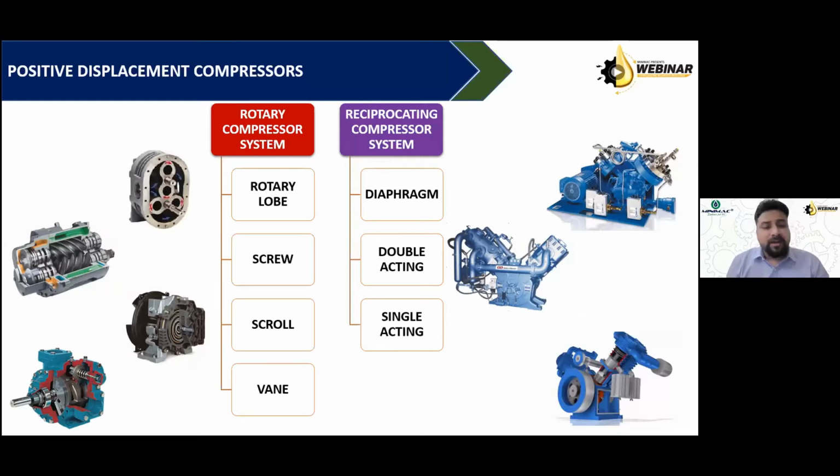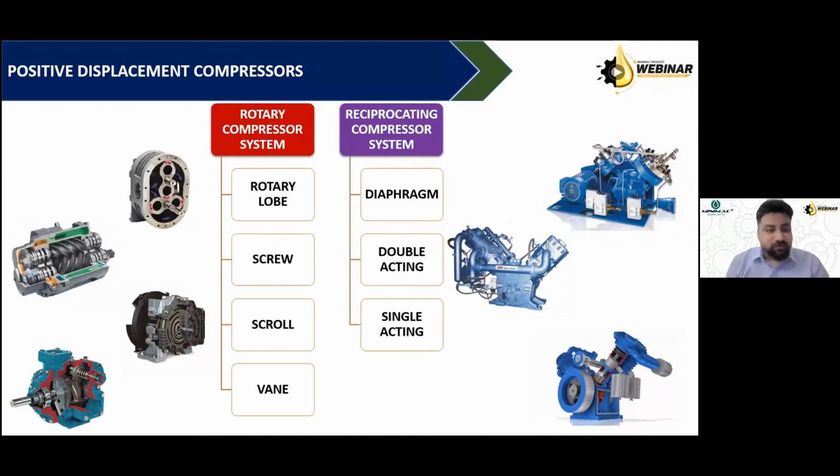Even a little higher volumes can be handled with these screw compressors. And that's the reason why they are used for instrument air applications and service air applications. So you can find them in your power plants where you have a compressor house, or even in your steel plants or cement plants. As a part of your instrument air project, the screw compressors would be a major installation in the compressor house.